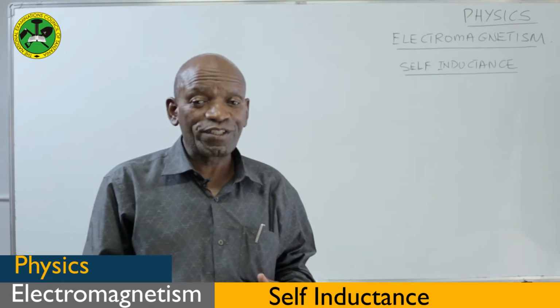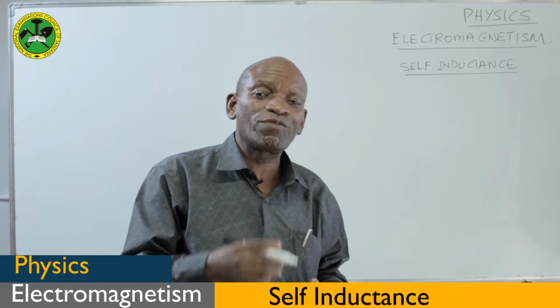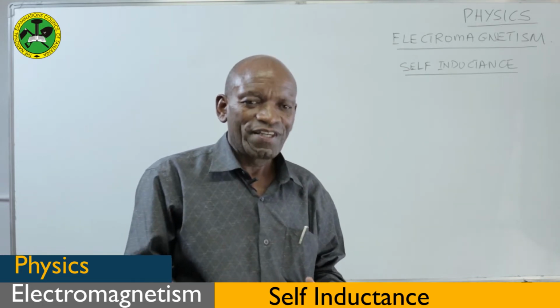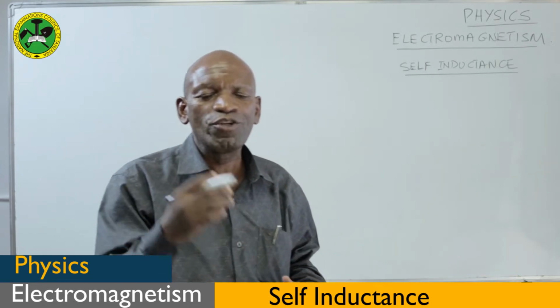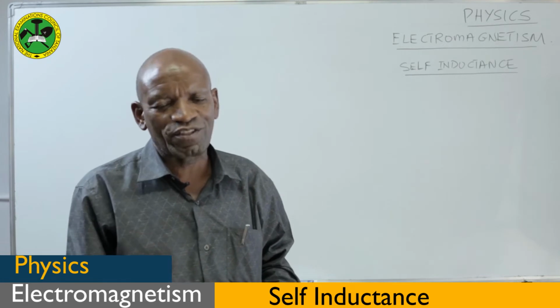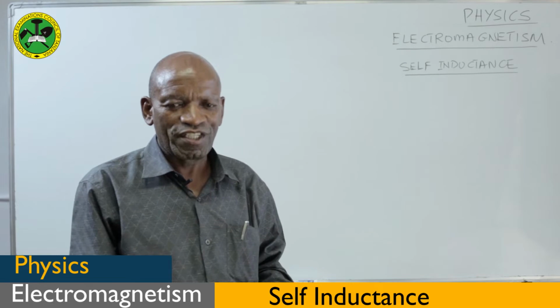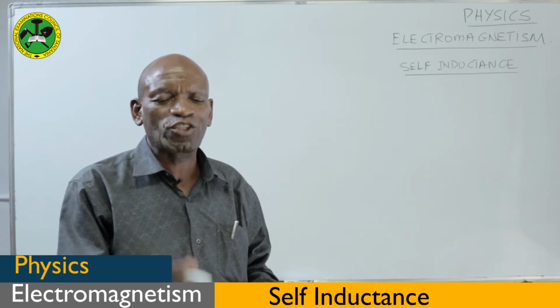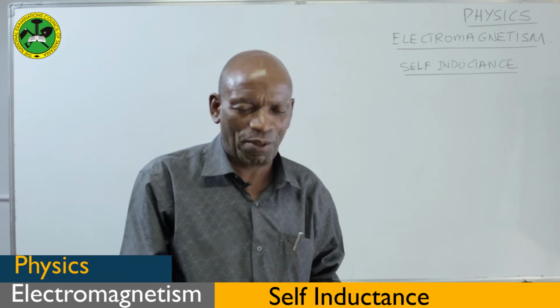That magnetic field, whenever it interacts with another part of the same coil, produces an induced EMF. And according to Lenz's law, that induced EMF will flow in an opposite direction, trying to oppose the actual current which is flowing through that particular inductor.